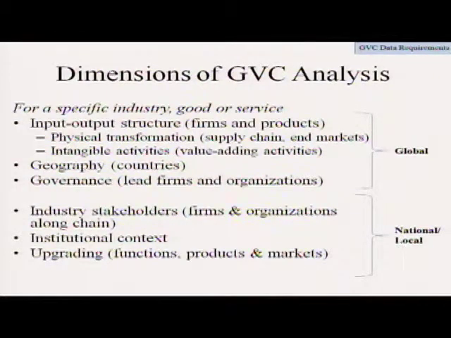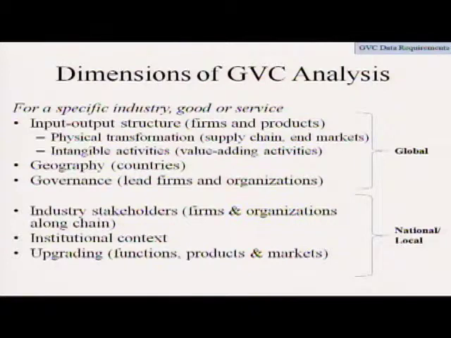So if we take any industry, furniture, textiles, information technology, defense, aerospace, a key part of a value chain analysis is you first have to try to create those boxes and arrows that capture the input-output structure of that industry to some degree.